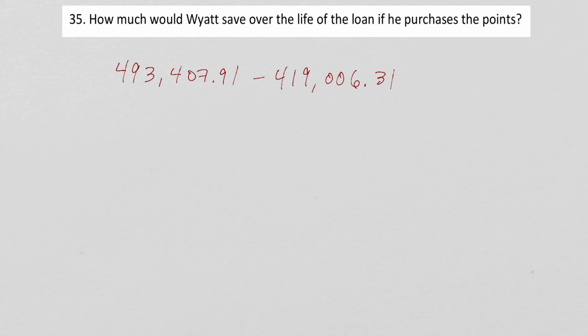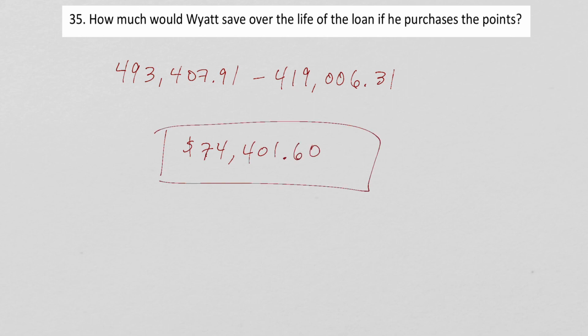So the difference of those would be $74,401.60. So by purchasing the points, you're going to save $74,000 over the life of the loan. That includes the cost of the points. So it's almost always in your best interest to buy the points if you think you're going to hold the loan till maturity. And that's it.